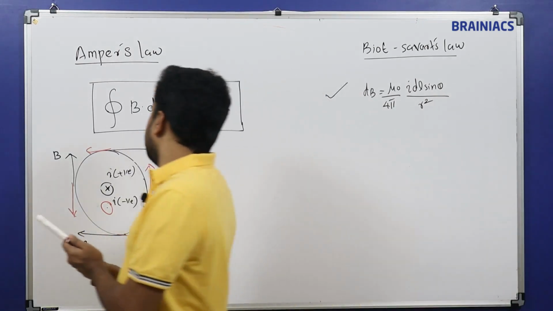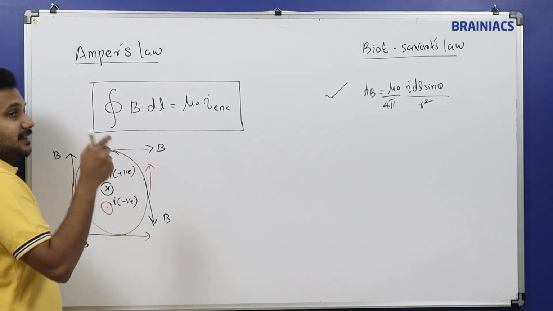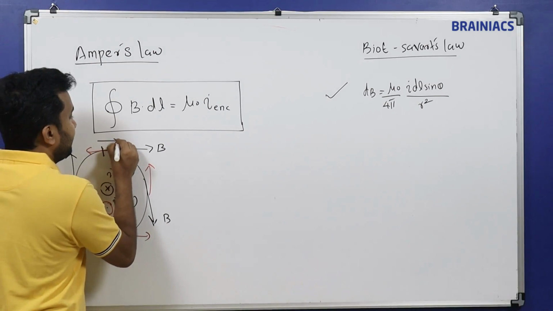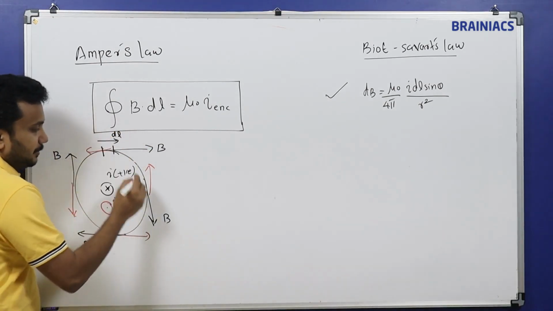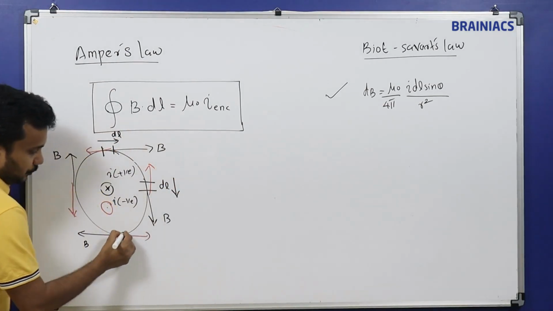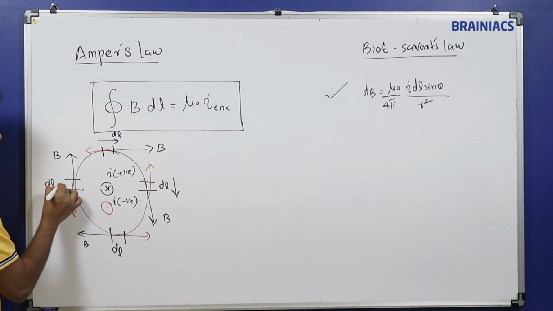Suppose I am assuming the current direction also gives the direction of dl. So this is a dl. dl is a small current element in this direction, in the black direction.